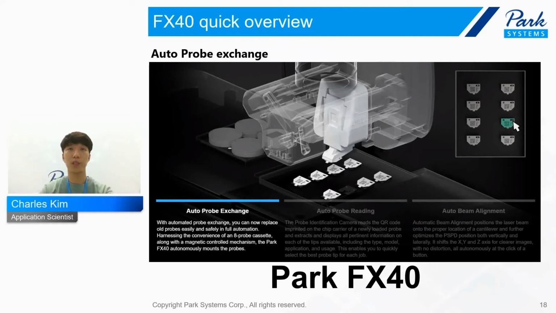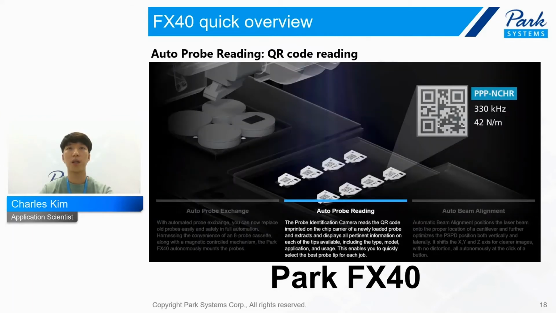And after using the cantilever, if we want to return it to the Autoprobe exchanger, the AFM head can drop the cantilever there. Not only the pickup and parking, the AFM system can also read the QR code at the backside of the chip carrier. From this QR code, the AFM system recognizes the cantilever type, the resonance frequency, and the force constant of the cantilever.